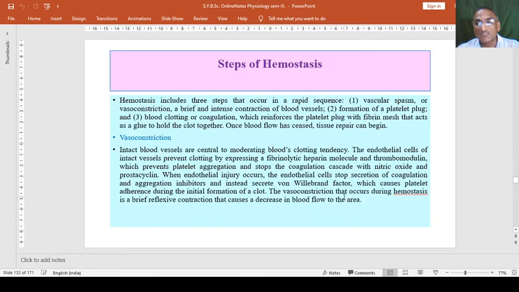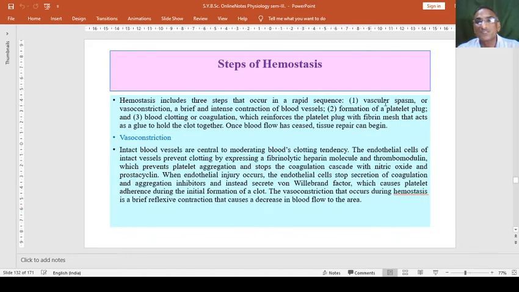The vasoconstriction that occurs during hemostasis is a brief reflexive contraction that causes a decrease in blood flow to the area.